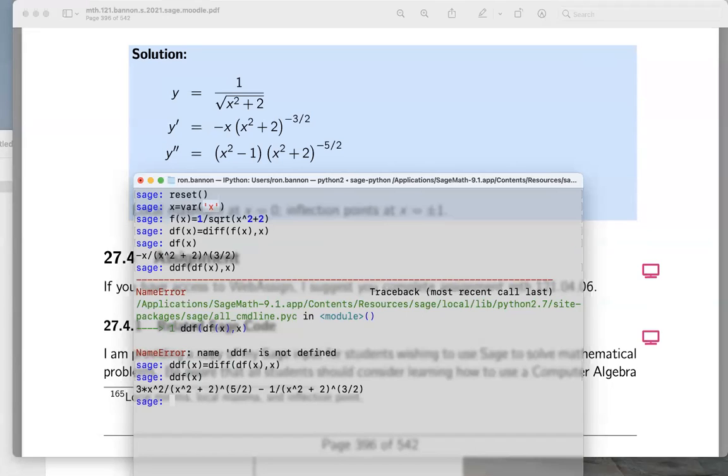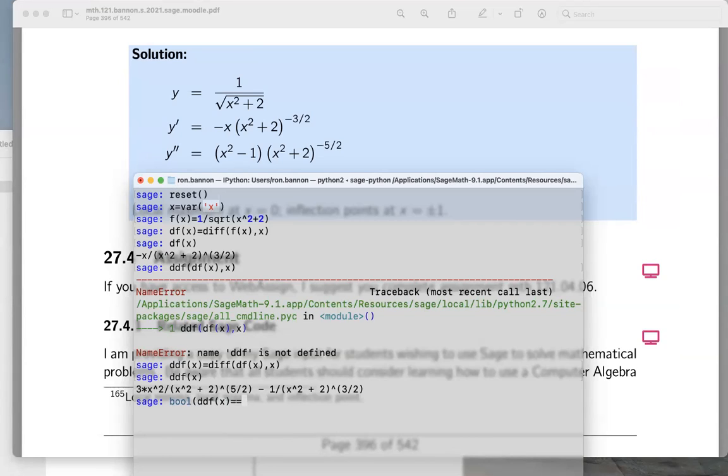All right, I'm going to use bool. Bool stands for Boolean algebra, and it returns either true or false. So I'm going to ask, is this thing here identical to what I said it was?